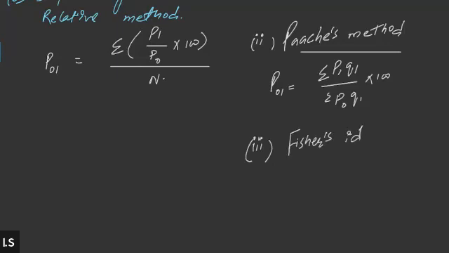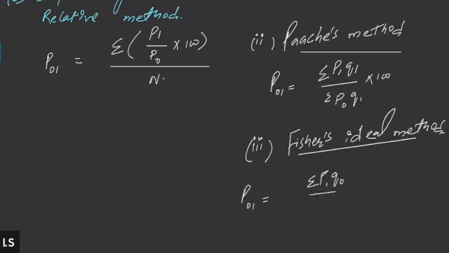It basically combines the formulas given by Laspeyres and Paasche, and Fisher gave his formula something like this: P01 equals sigma P1 Q0 divided by sigma P0 Q0, times sigma P1 Q1 divided by sigma P0 Q1.